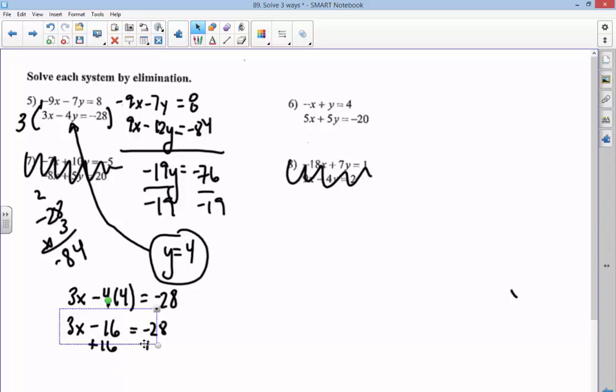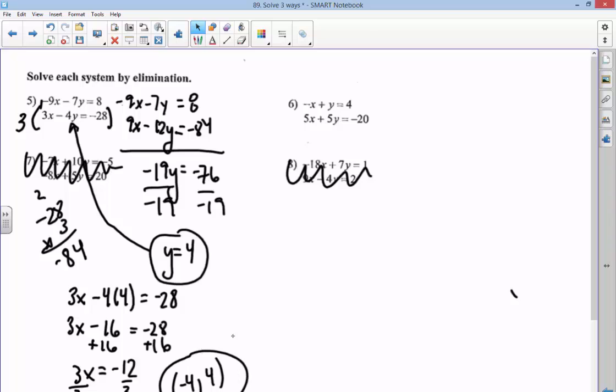Then add 16. So 3x is negative 12. And then divide by 3, and x is negative 4. So the ordered pair solution is negative 4, 4.